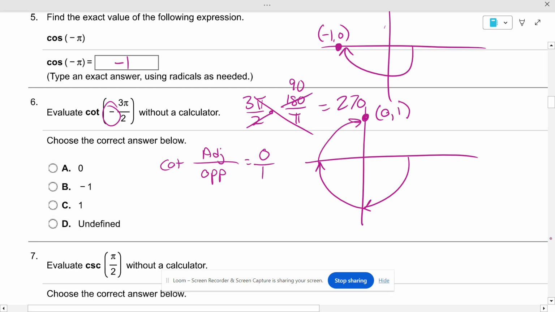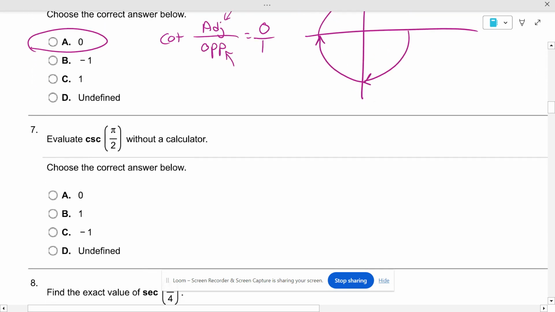That's going to be 1. What's 0 divided by 1? 0. So cotangent is adjacent over opposite, where adjacent goes with cosine, opposite goes with sine. Cosecant of pi over 2. Where's pi over 2? How many degrees is pi over 2?